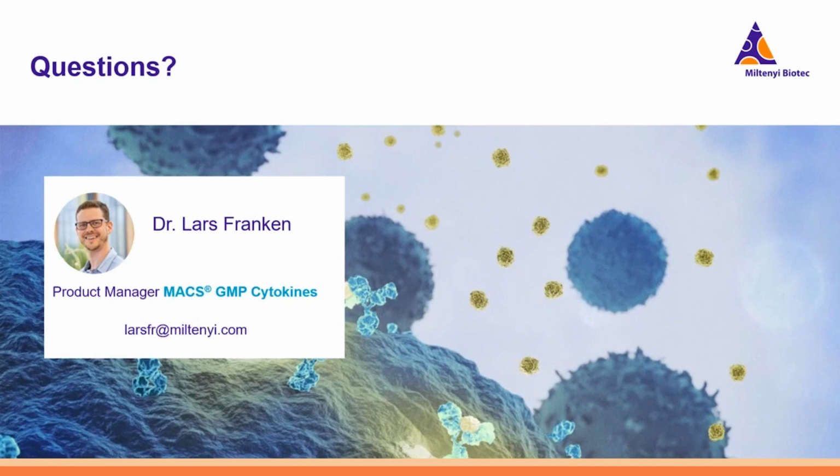The second part of the answer is, as I said, when you develop a cell therapy, it has a specific manufacturing procedure. And when we measure the activities of these cytokines, we do so in an artificial bioassay. These artificial bioassays are great at making cytokine activities comparable between different batches from, let's say, Miltenyi or from another vendor, if they are calibrated.